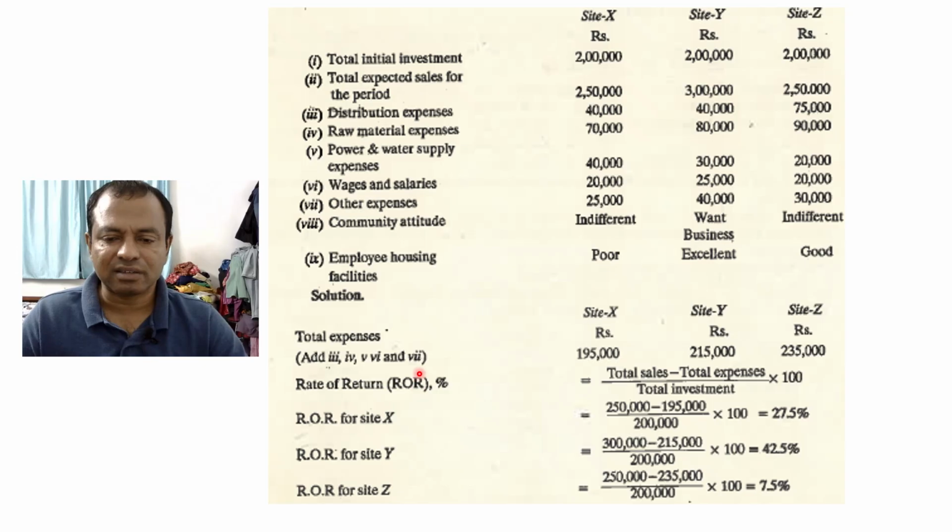In this case, total sales are taken from the given data, then total expenses, by adding all the expenses we will get total expenses, then the total investment is shown here as total initial investment. When we substitute these values, we get different values for sites X, Y and Z. And we can see that for site Y, it is the highest. So we will choose site Y.